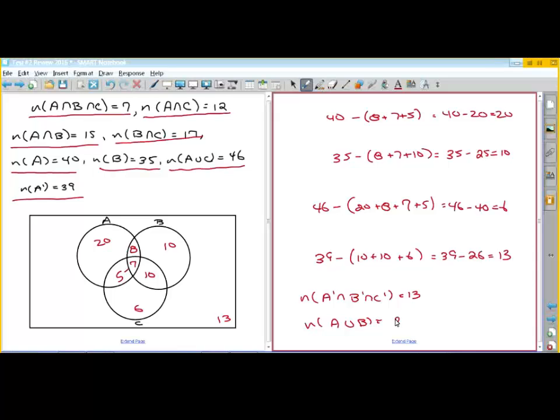Everything that's in A and also this extra stuff that's in B. So that would be 20 plus 8 plus 7 plus 5 plus 10 plus 10, which is 20, 35, 40, 50, 60.